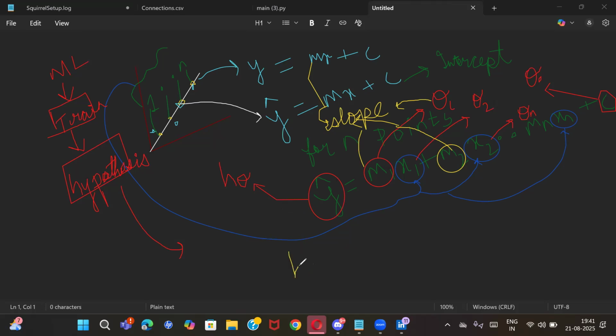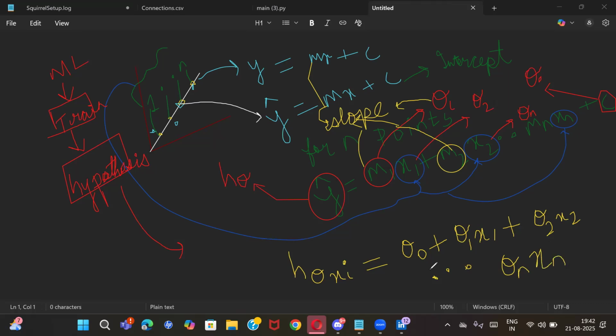We can write here h theta of xi is equal to theta naught plus theta 1 x1 plus theta 2 x2, till where? Till theta n and xn.